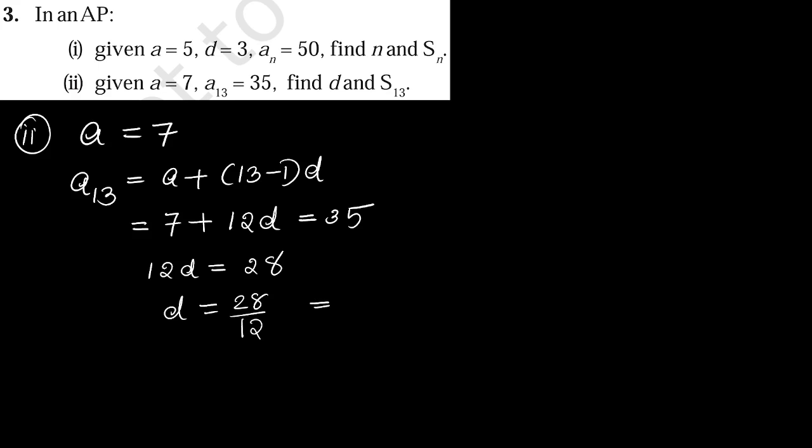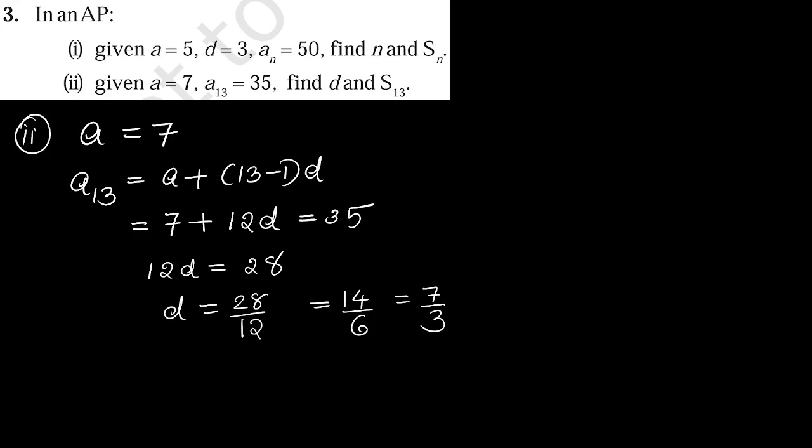Numerator and denominator can be divided by 2. 14 by 6. Again divide by 2. 7 by 3. The common difference is 7 by 3.